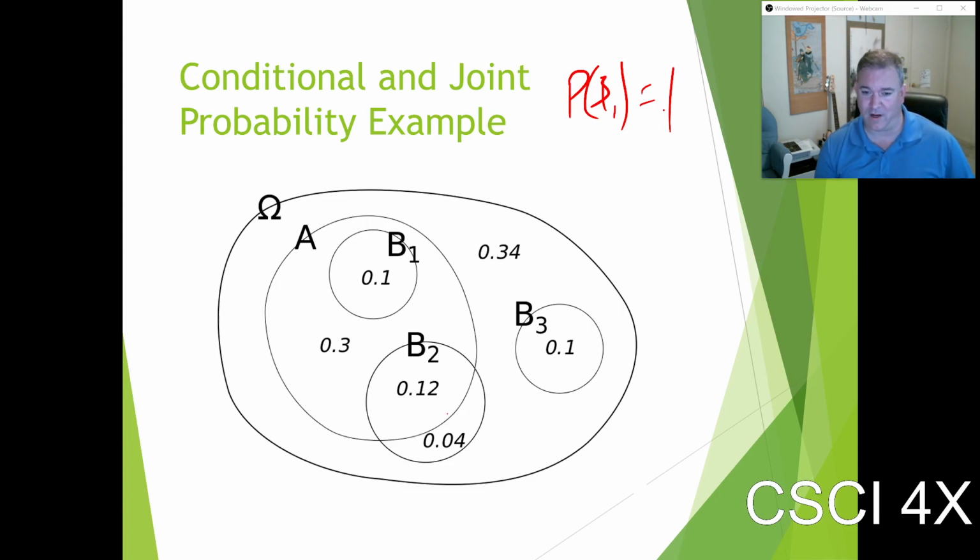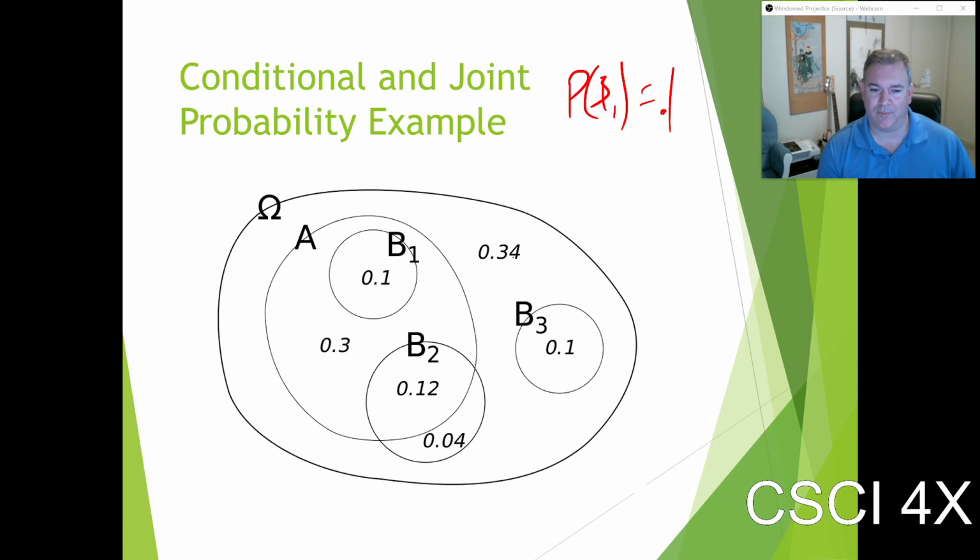This is like your odds table, right? So you roll the die and there are different outcomes. Maybe B2 is like you get an even number, and B1 is like you get a 10 on the die. I don't know what they're supposed to correspond to. It's just made up numbers. So the probability of B1 is 10%.